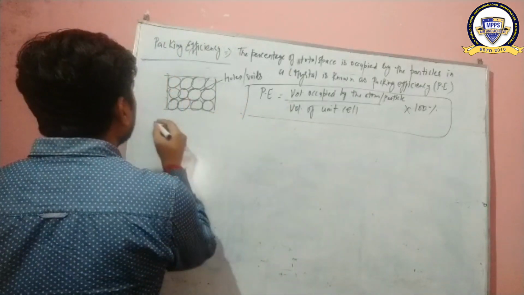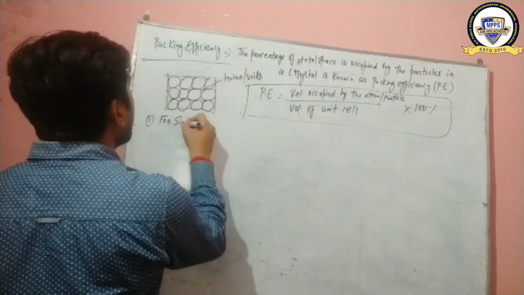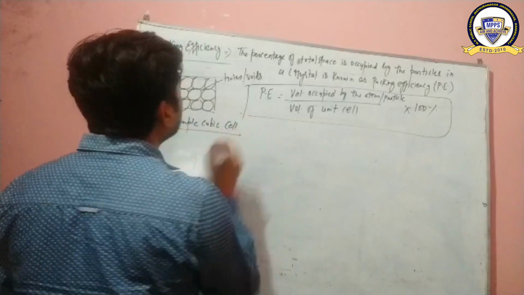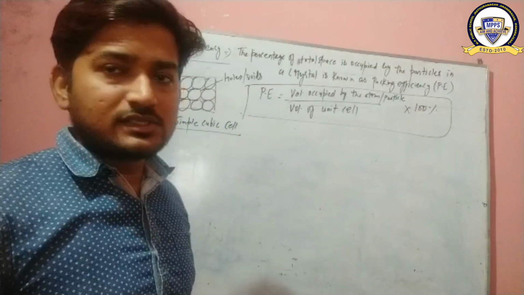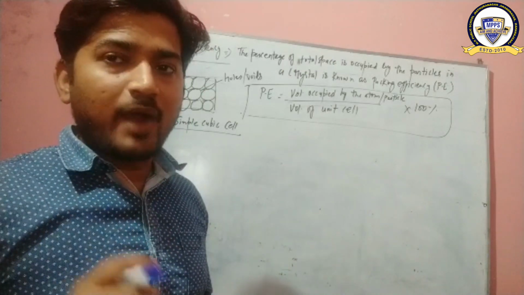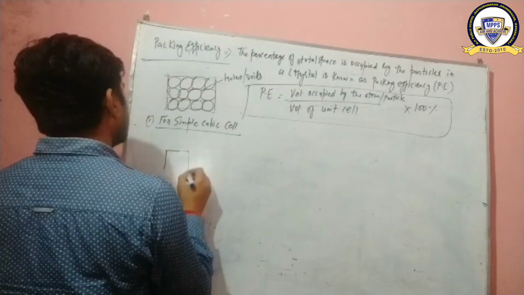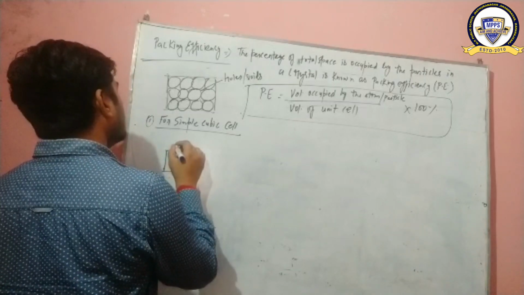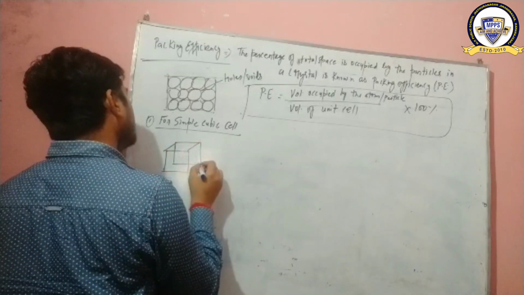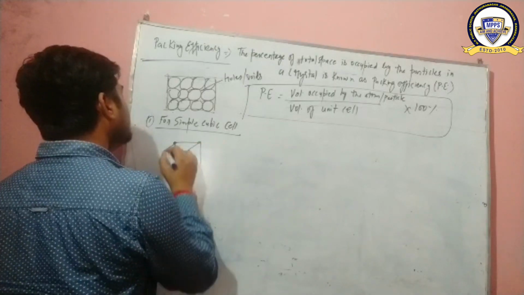So we calculate first for the simple cubic cell, the packing efficiency for the simple cubic cell. In a simple cubic cell, the atoms or particles are present at the corners of the unit cell.